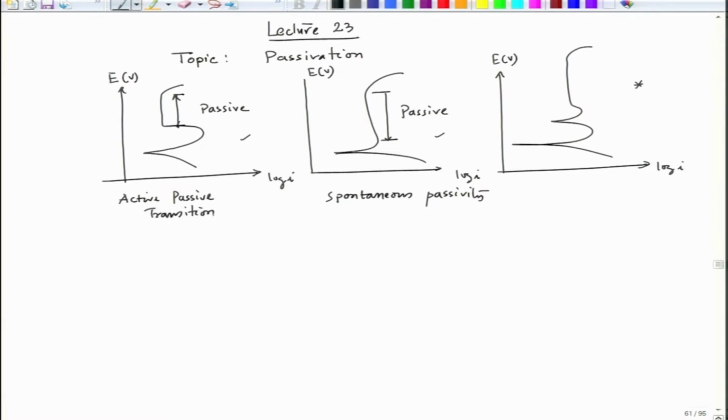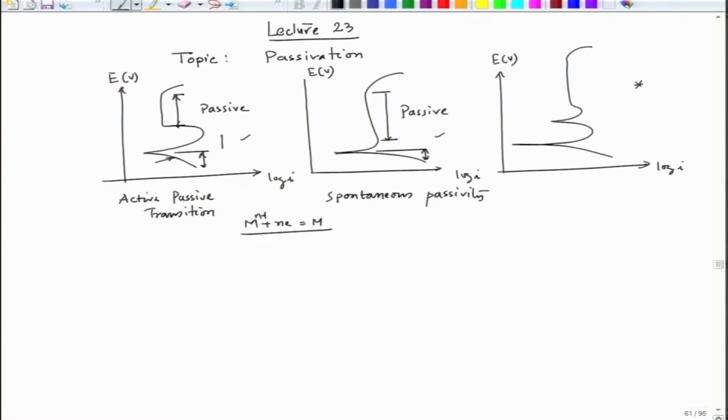In both the cases we could see the passive region when we go into the anodic polarization side, because if we take this particular portion as well as this portion, in both the cases metal is depositing, cathodic reaction is taking place.